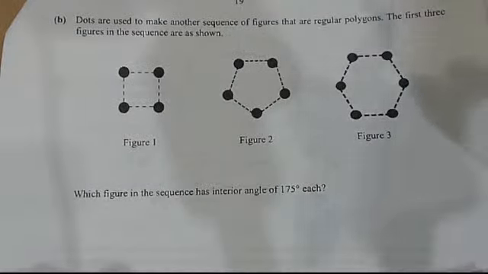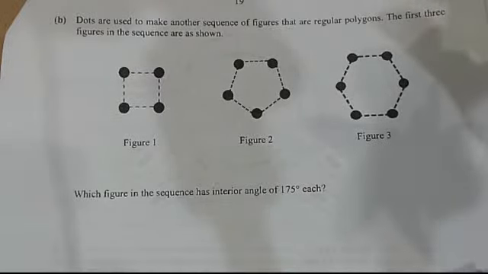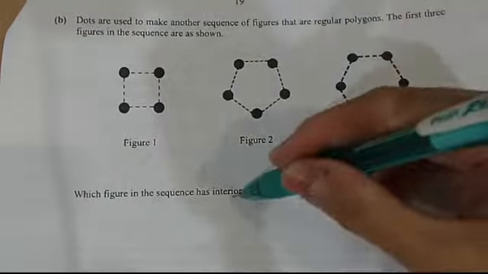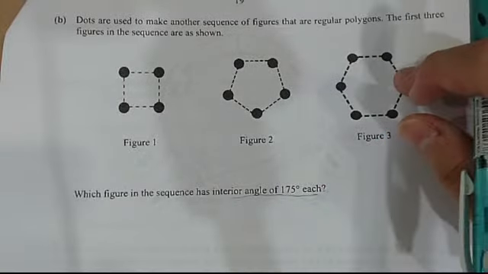Another number pattern question. Dots are used to make another sequence of figures that are regular polygons. The first 3 figures are shown. Which figure in the sequence has an interior angle of 175 degrees each?